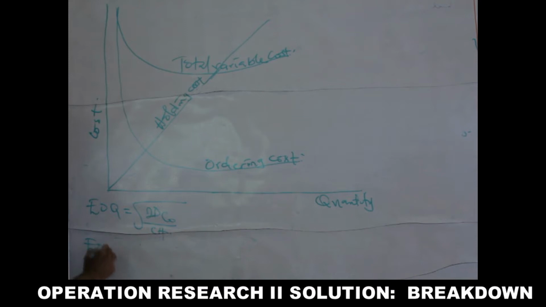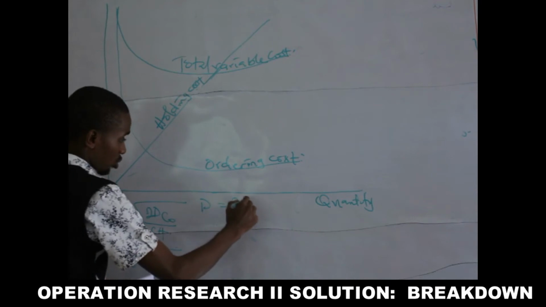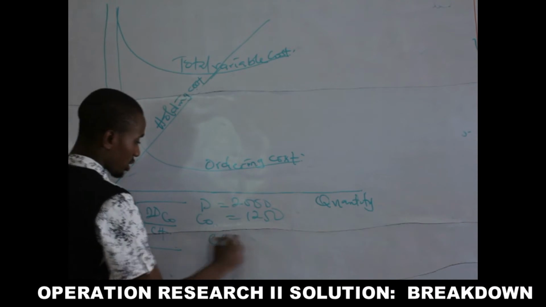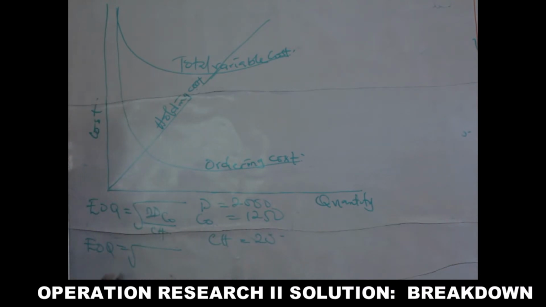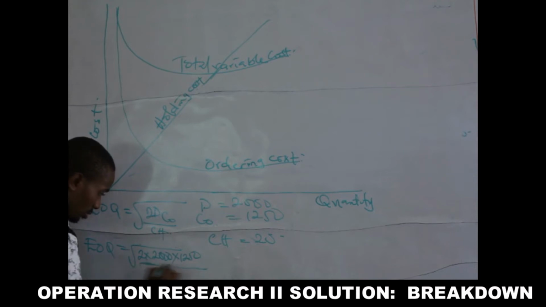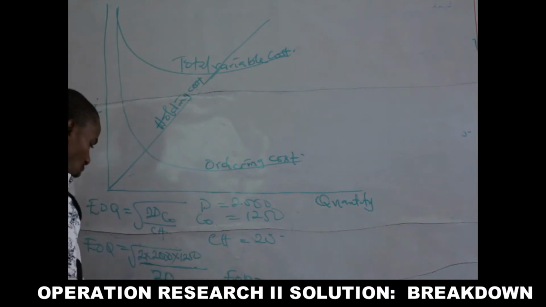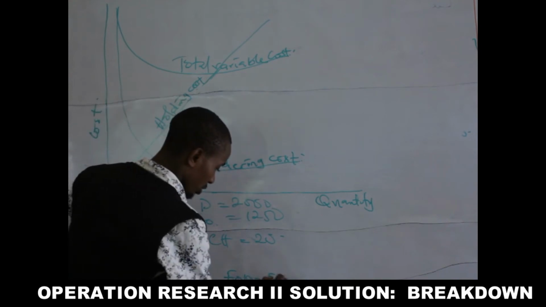So EOQ, which is also known as simply Q, we have D as 2000, CO as 1250 and CH as 20. So you impute: 2 times 2000 times 1250 over 20. So you have EOQ equal to 500.